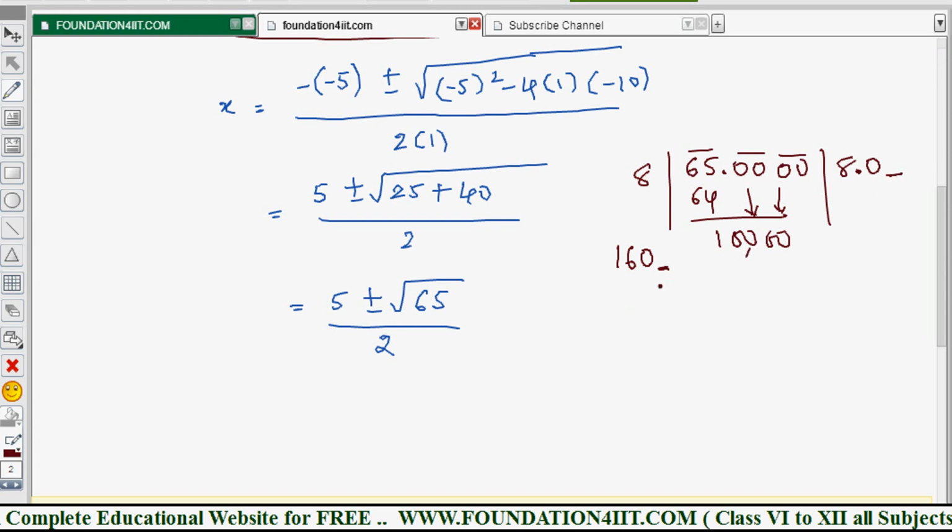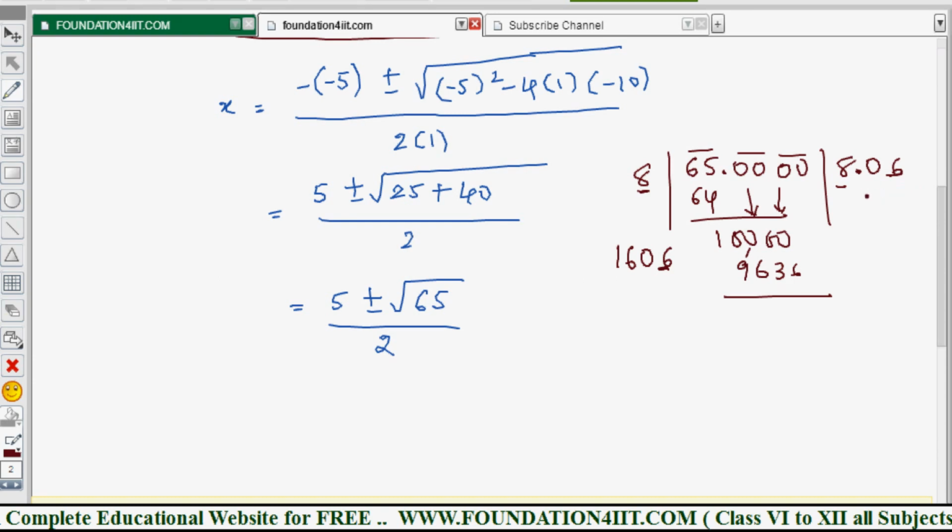So 1601 ones are, 1602 twos are, 1603 threes are, check like that. So 1606 sixes are near to this 10,000, that is 9,636, because 1607 sevens is more. Always remember this place and this place should be the same. Whatever the remainder is, anyway it's more than 5.